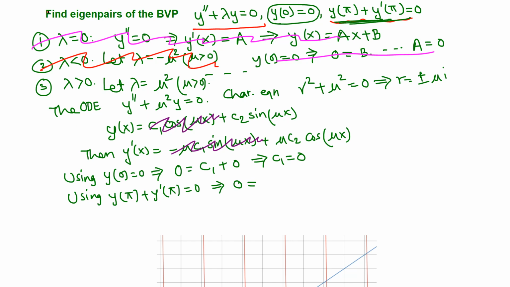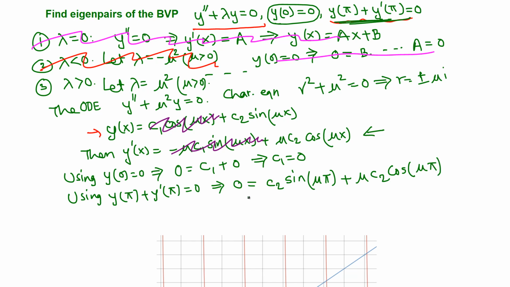So y(π) means c2 sin(μπ), that's y(π), plus y'(π), so that's here. x is π, so this is μc2 cos(μπ).